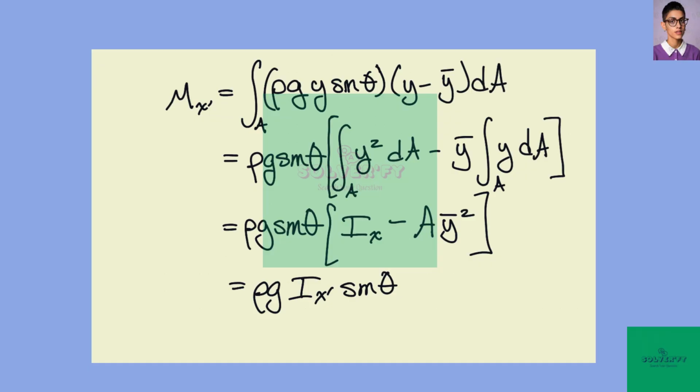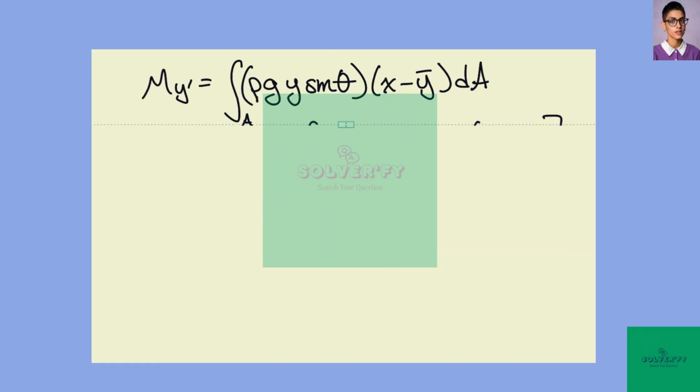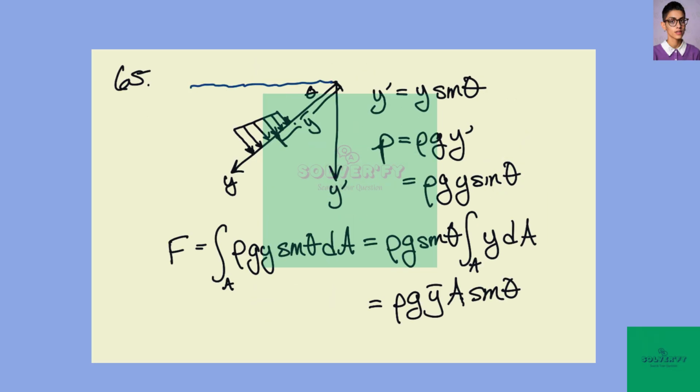Now they ask us for the moment in the other direction, about the y prime axis. So we have moments coming about this axis, kind of out of the page, twisting, if you wanted to do a double arrow, moments like that.